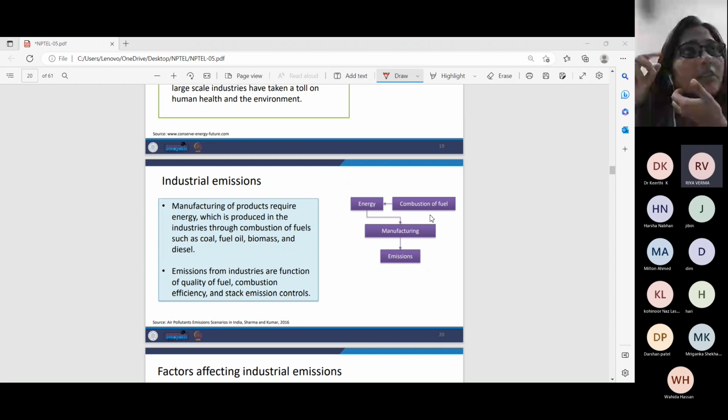But sometimes when the flame is somewhat yellowish or orange in color, your pot starts getting blackened from the bottom. What does this show? This shows that the combustion is not getting completed properly. It shows there's incomplete combustion, and due to that we have residue in the form of particulate emissions collected at the bottom of your pan. So this is the way you can observe incomplete combustion in your homes as well.